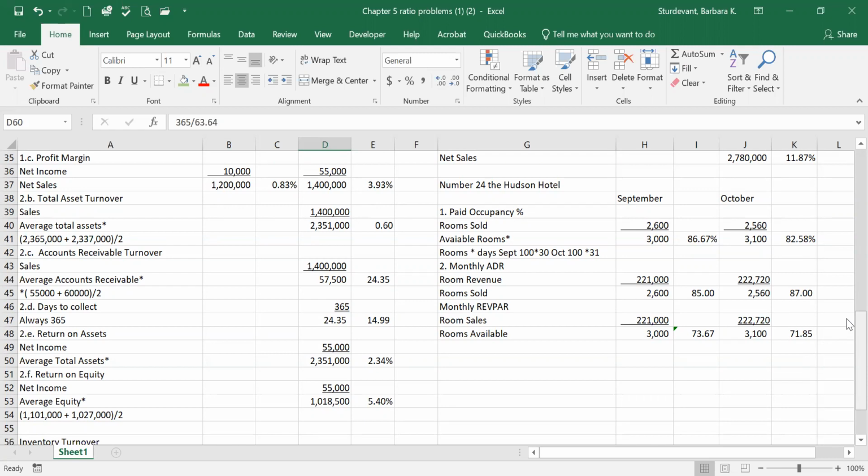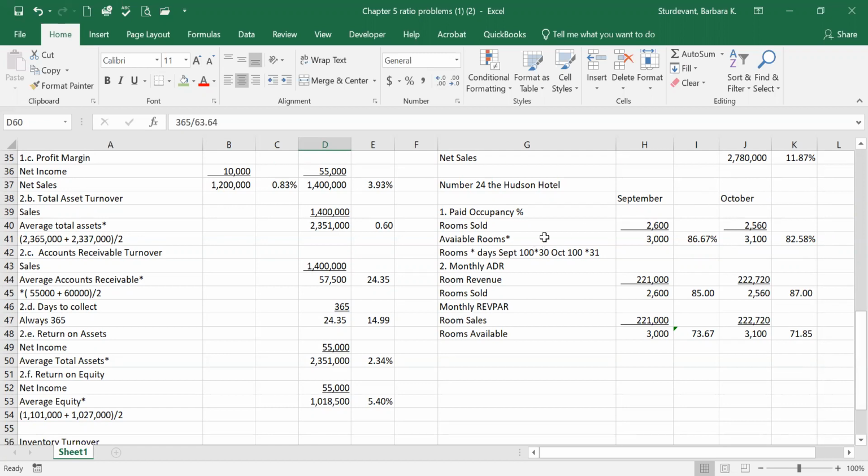So this is a property that has 100 rooms, and we're doing it for September and October. September, 30 days, October, 31.